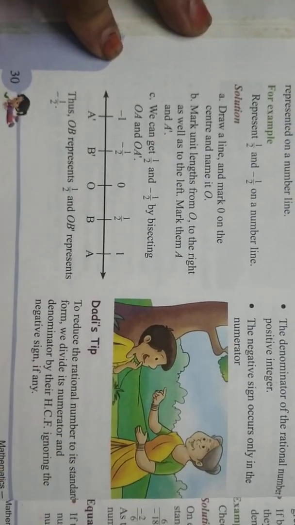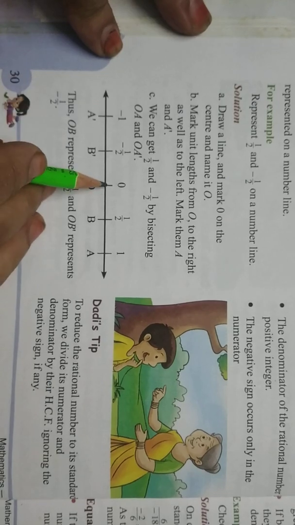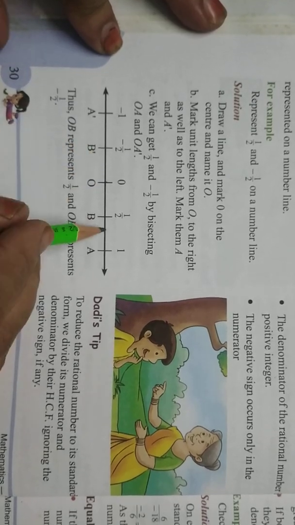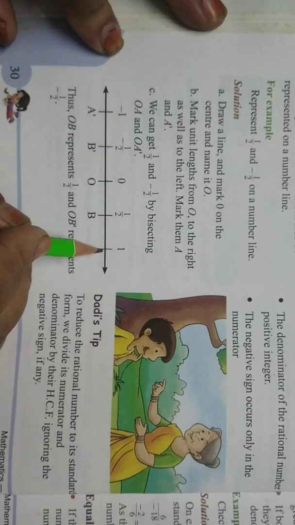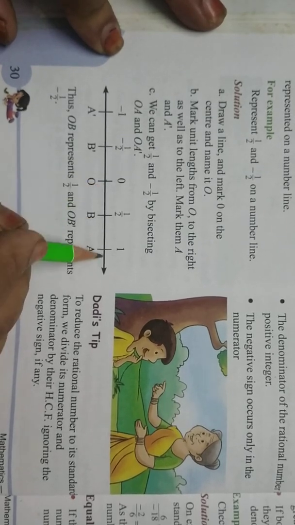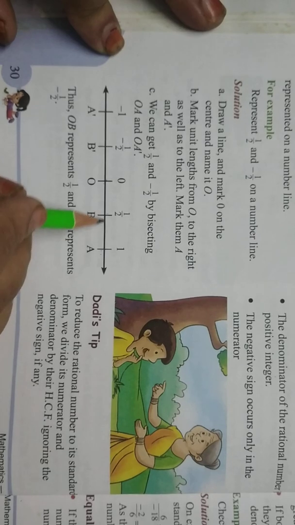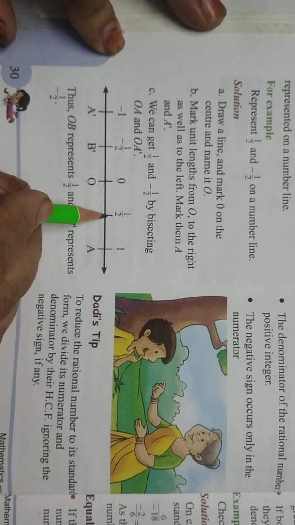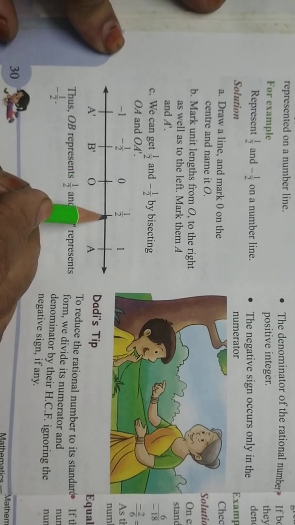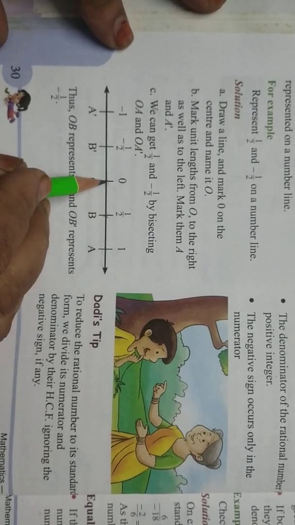And rational numbers we can plot on the number line. Suppose we have 0, and we have to put 1 by 2 and minus 1 by 2. Then from this point 0, we divide into two parts, this one part and this one part. From these two parts, if we take one part, then this part will be 1 by 2. 1 by 2 means half part.